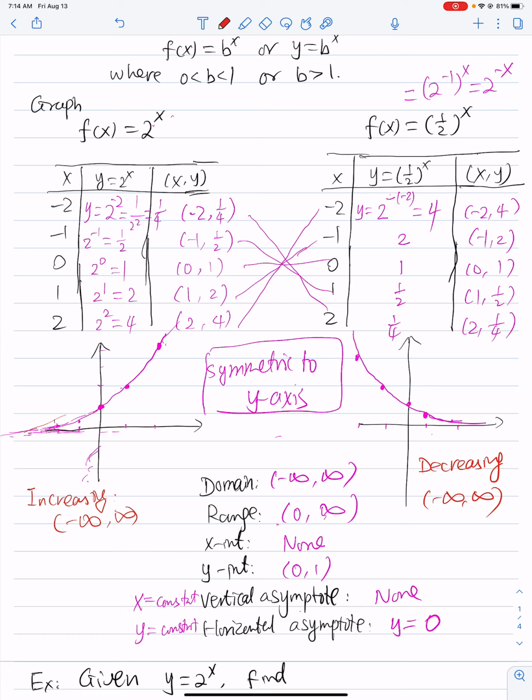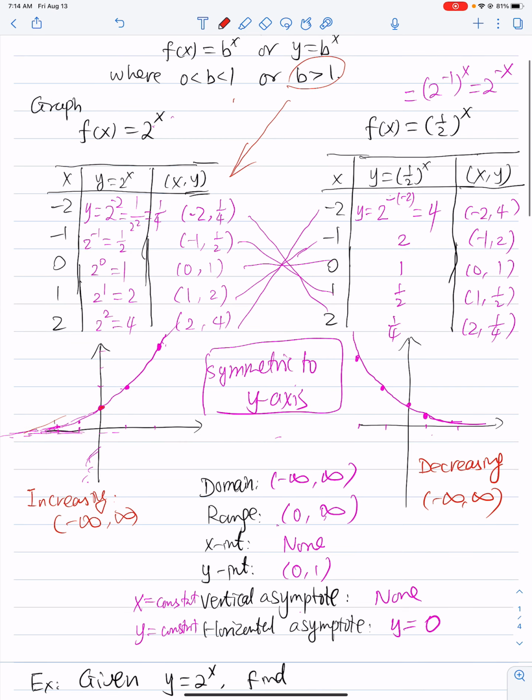So this function is increasing and this one is decreasing. When b is bigger than 1, the picture goes up. One thing you need to be careful about is that the y-intercept is always 0, 1, because b to any power 0 is always 1.